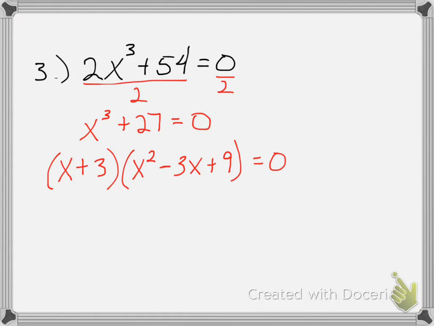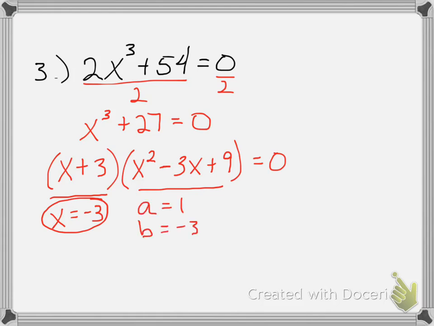Okay, apply the zero product property. If I set x plus 3 equal to 0 and solve, I get x equals negative 3. If I set this equal to 0, I'll go to my Algebra 2 program, enter my A, B, and C, and I'll do that now.